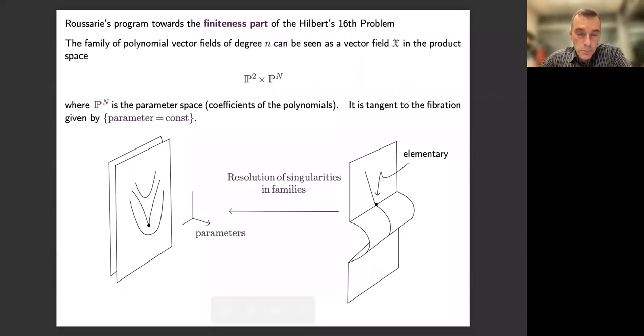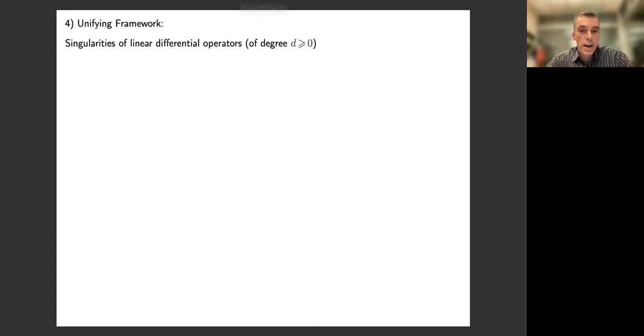So I'm working right now on this problem of resolution of singularities for vector fields. And in fact, in some sense, it seems to me very natural to look for a generalized framework where you put all these three problems in the same setting, which I call the singularities of linear differential operators.